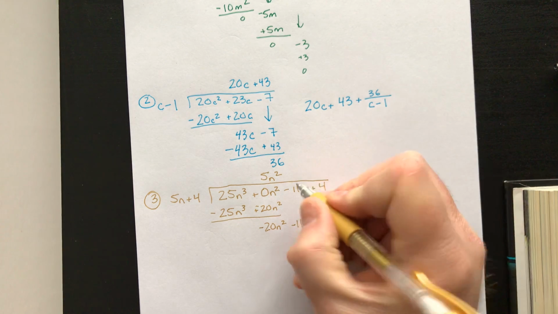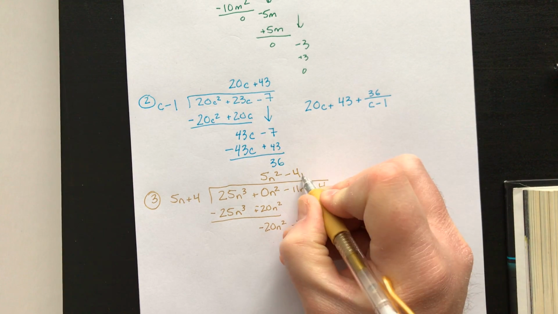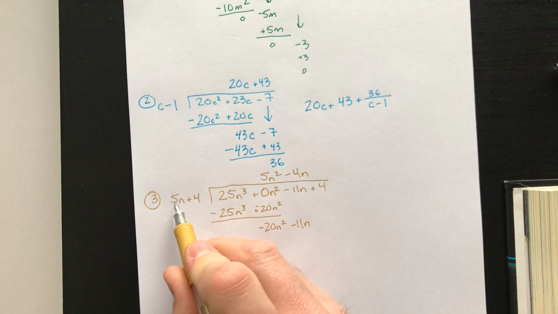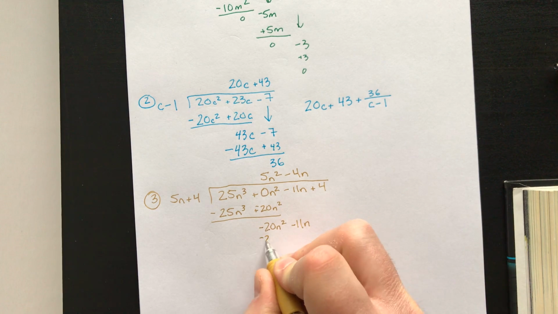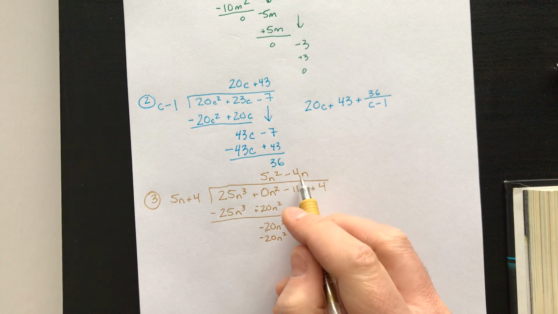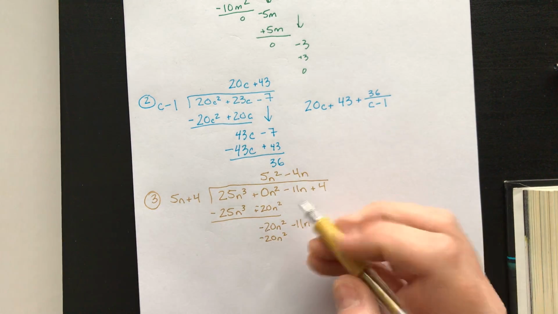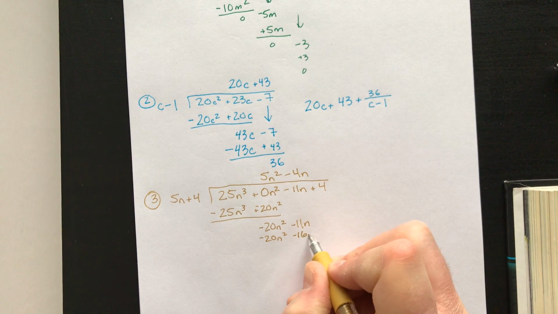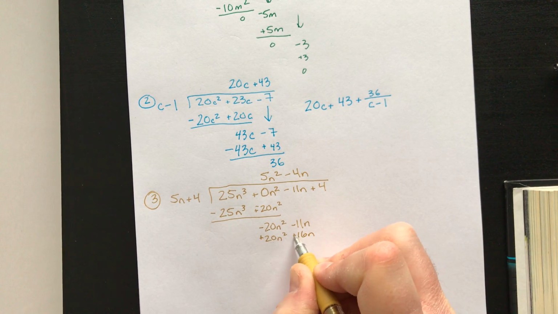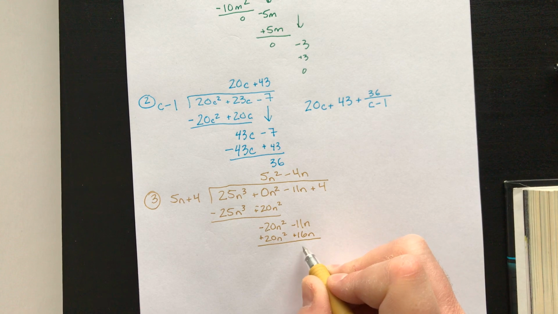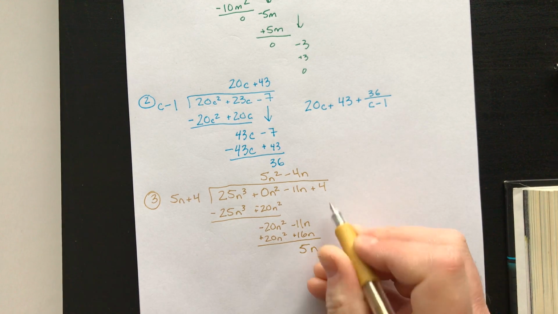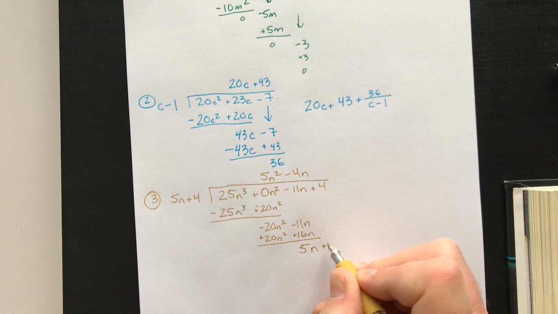That would be negative 4n. So negative 4n times a 5n is negative 20n squared. Negative 4n times a 4 is a negative 16n. You change the signs. So now we have 5n, bring down the 4.